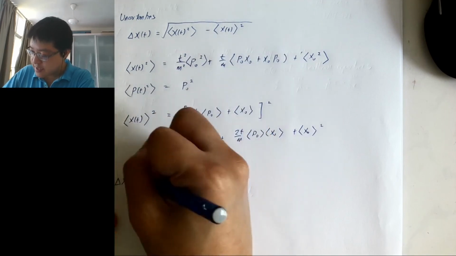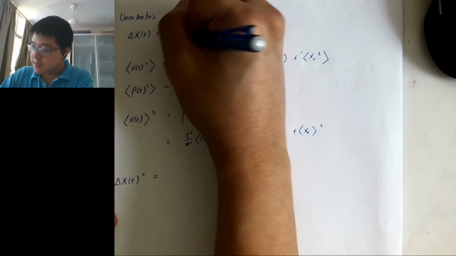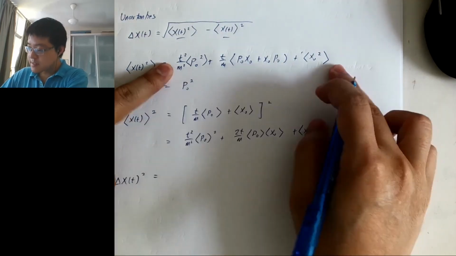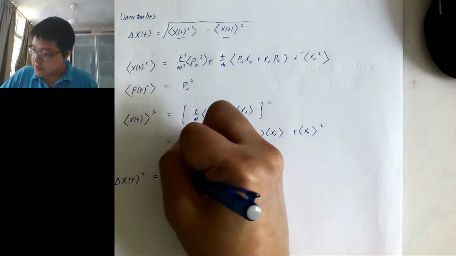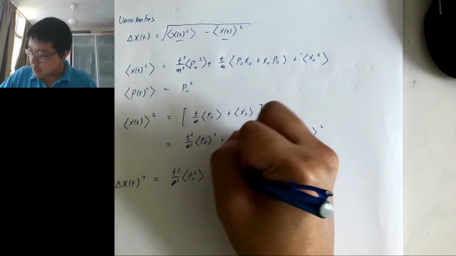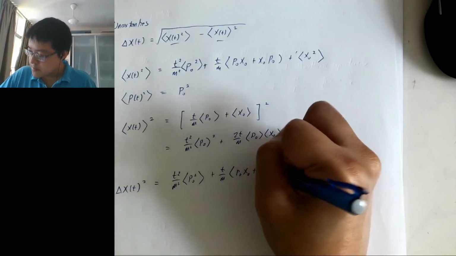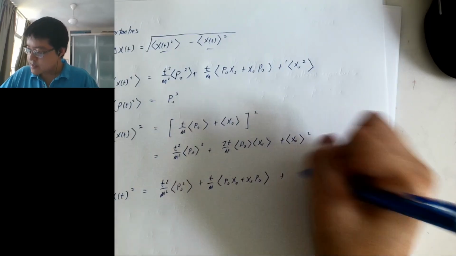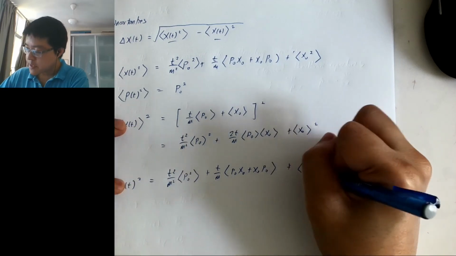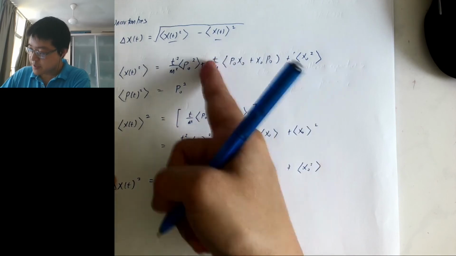So for the uncertainty, let's take out the square root first, and then we do the square root later. It's just this thing plus this thing. So it's this term, t square over m square, plus t over m times px plus xp, and then plus expectation x square, and then minus all these things.